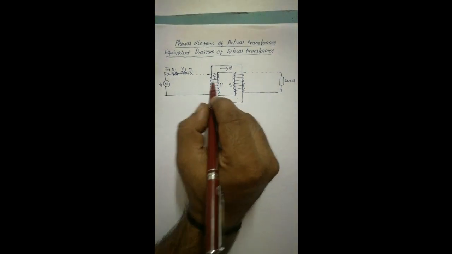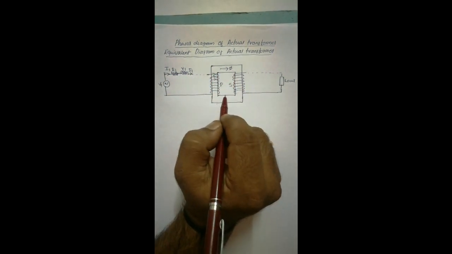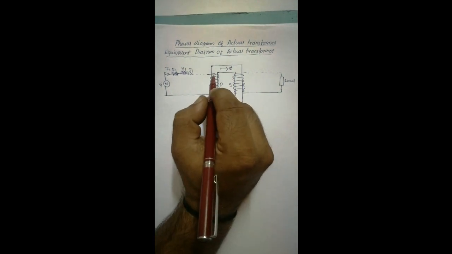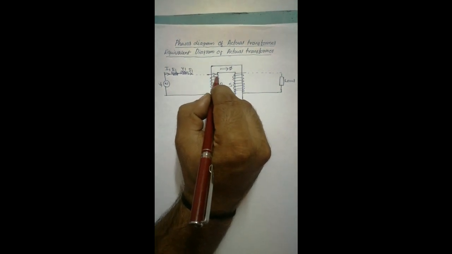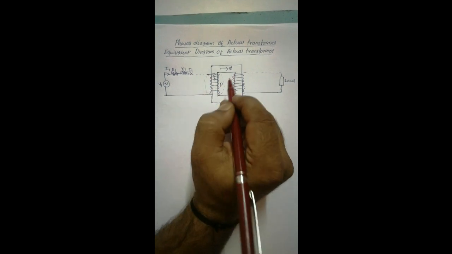But once we apply current I1, this I1 will be used for generating the flux, and some flux will be lost to the surrounding air and some due to other losses.